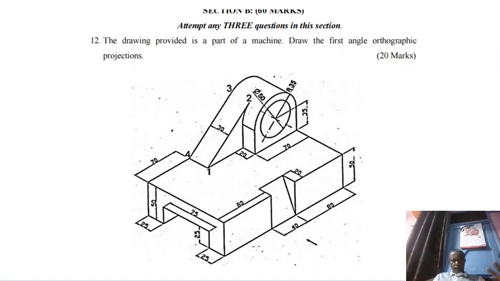I think this question needs a lot of practice. You need to do a lot of this kind of questions for you to be able to grasp the idea and how to go about it.